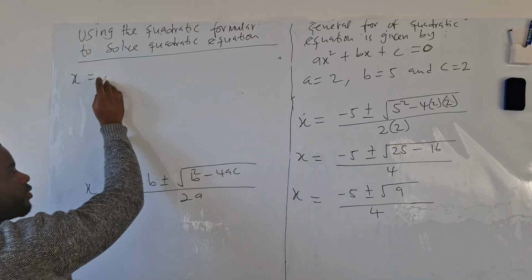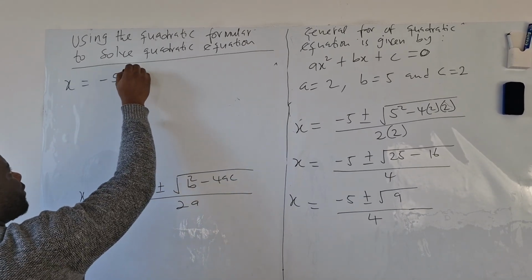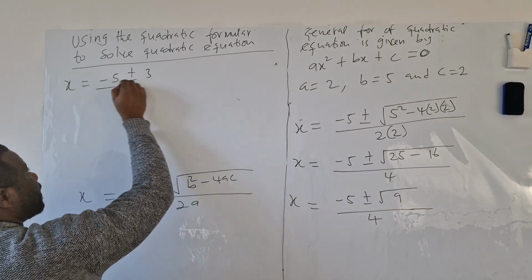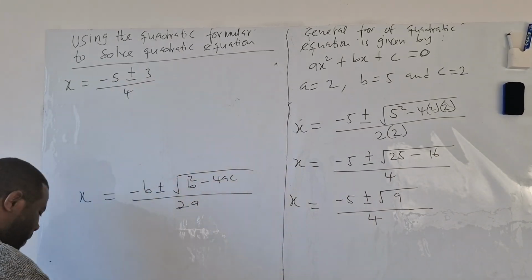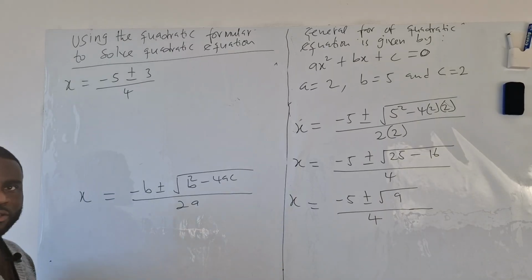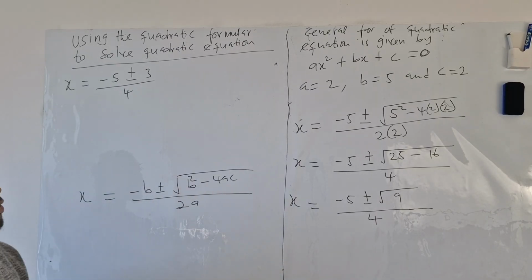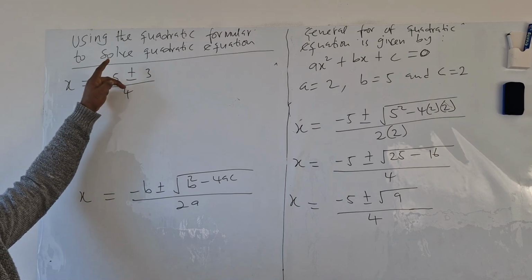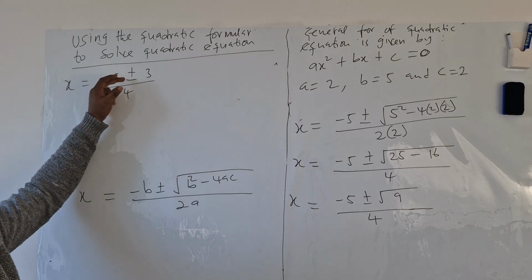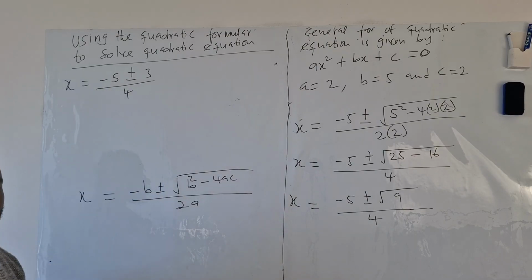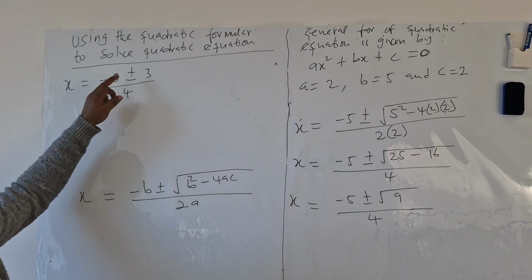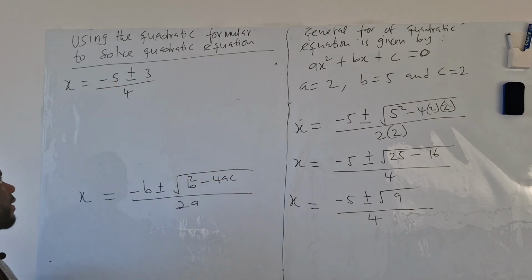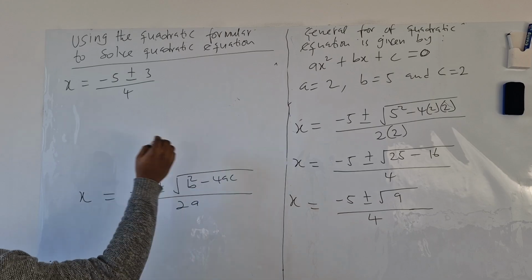So we have x equal to minus 5 plus or minus square root of 9, which is 3, all divided by 4. Now we said it's a quadratic equation, so you should get 2 values of x. So how do you get 2 values of x here? We are going to separate both signs, plus and minus. These separations are going to give us the 2 values of x. First we take plus, and when we finish, we also take minus, and then simplify the fraction.